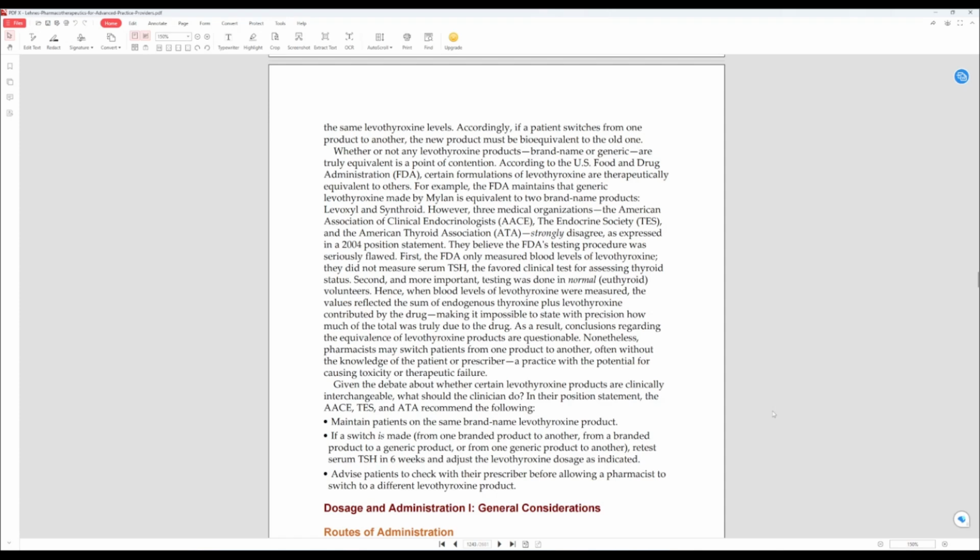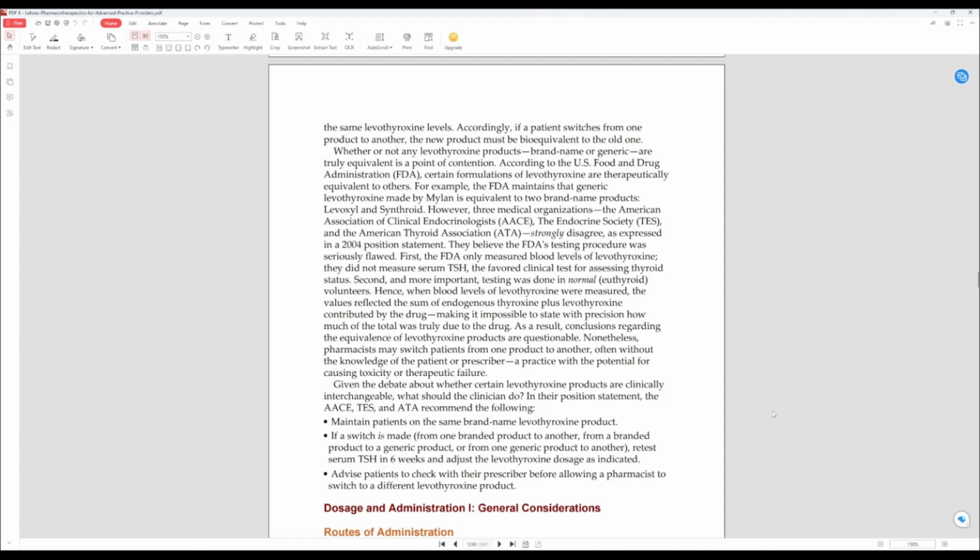However, three medical organizations, the American Association of Clinical Endocrinologists, the Endocrine Society, and the American Thyroid Association, strongly disagree, as expressed in a 2004 position statement.